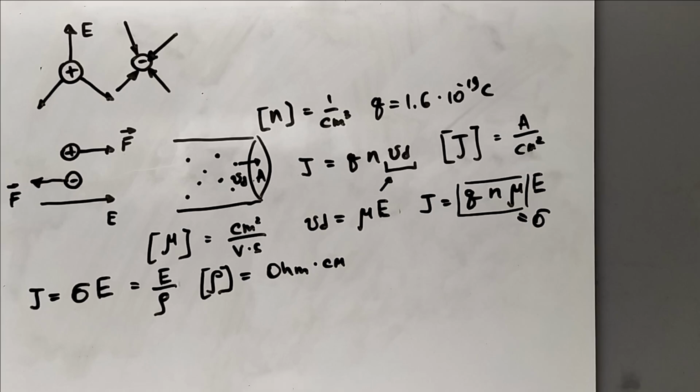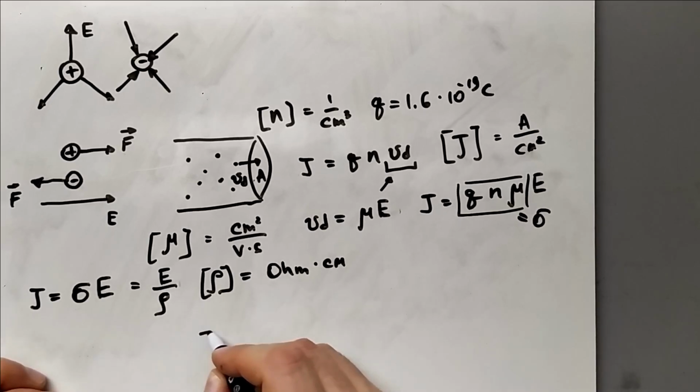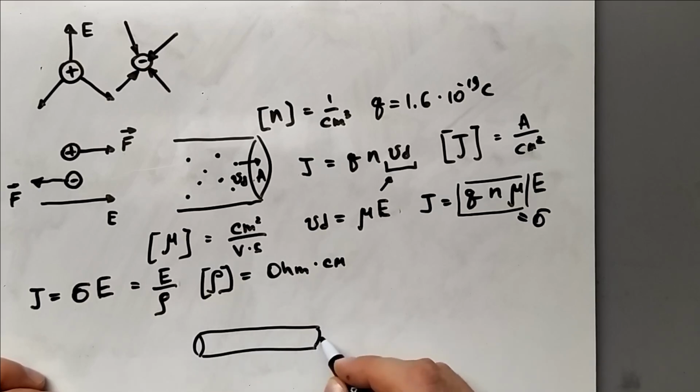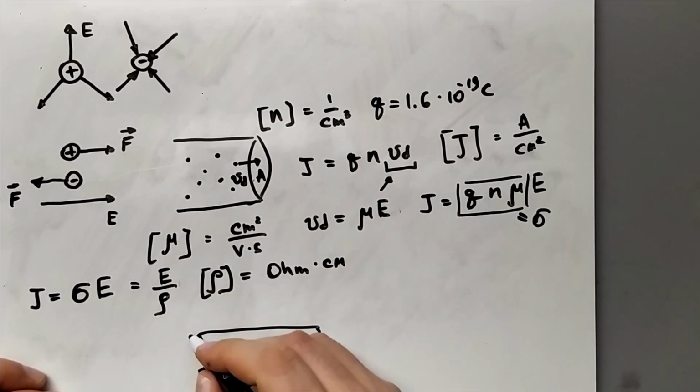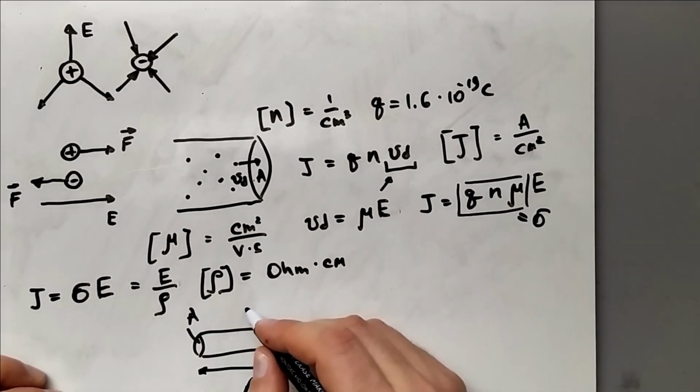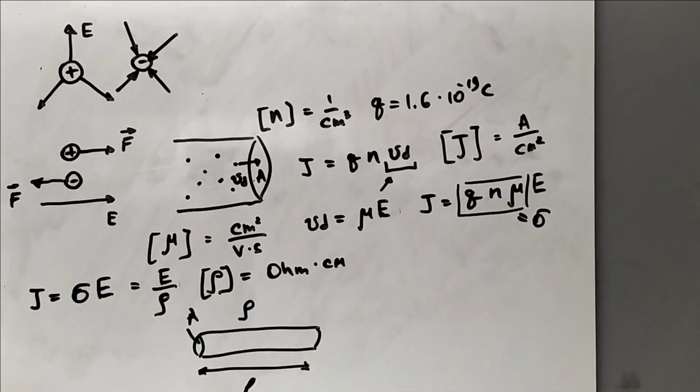So now one more parameter we need to introduce today, and that will be the last thing we do in the scope of this discussion. That's electrical resistance. Let us assume that we have a metal rod with some length L, cross-section area A, and specific resistivity of the material rho.